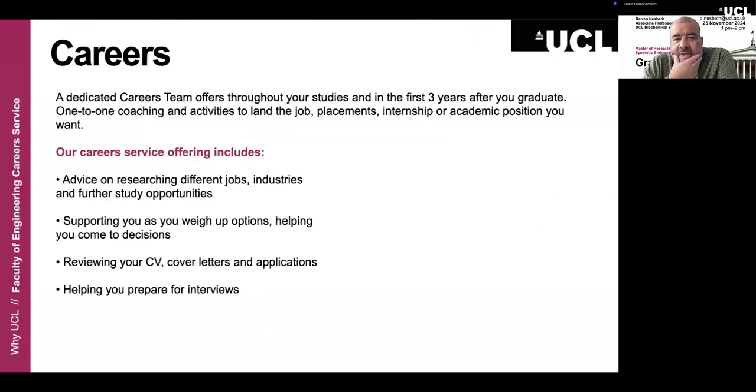So again, there is structural support for careers within this university. As a UCL student, we have a common interest in that the university wants its graduates to do as well as possible. And obviously, as a graduate, you will want to do as well as possible. So we're both pulling in the same direction, and there are structural supporting networks in terms of guidance in general at the university.